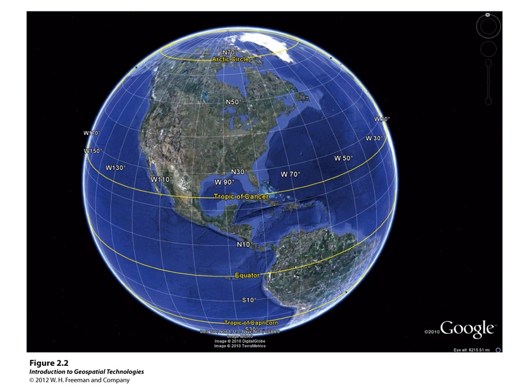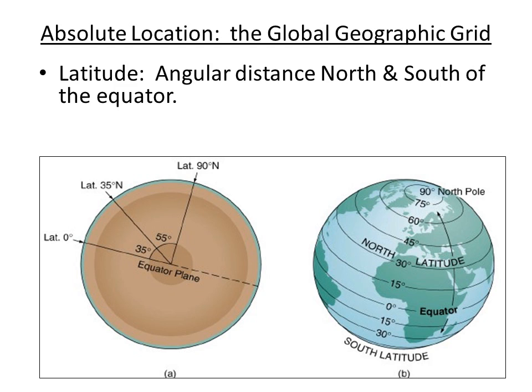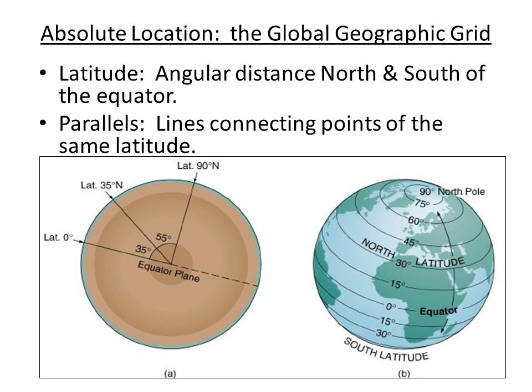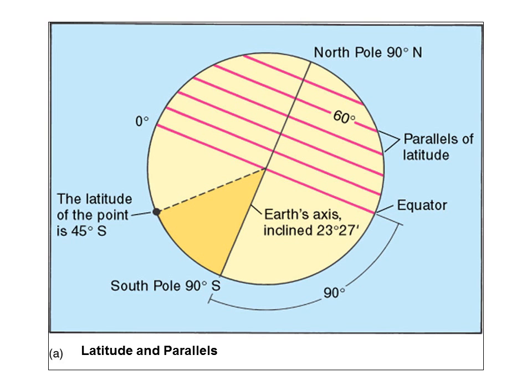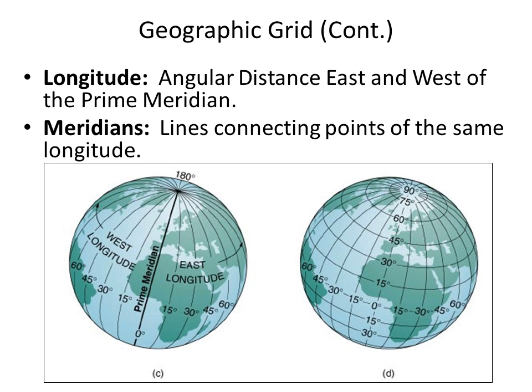This is another view of latitude and longitude as we see it at work, in this case, in Google Earth. Latitude is the angular distance north and south of the equator, and parallels are lines connecting points of the same latitude. Longitude is angular distance east and west of the prime meridian, and meridians are lines connecting points of the same longitude.